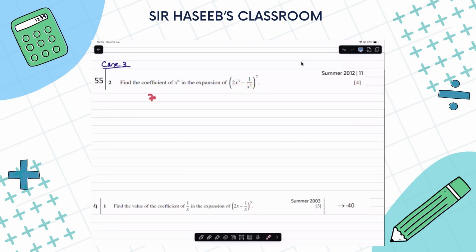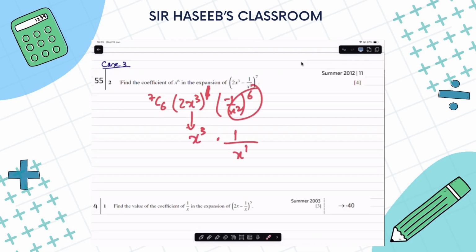So even if you try to take 7C6, this would be (2x cubed) to the power of 7 minus 6, and (minus 1 over x squared) to the power of 6. From here we are going to get x cubed, from here we are going to get 1 over x power 12. And if we cancel these out, we'll get basically the coefficient of x power -9, which I don't need. I need the coefficient of x power 6.